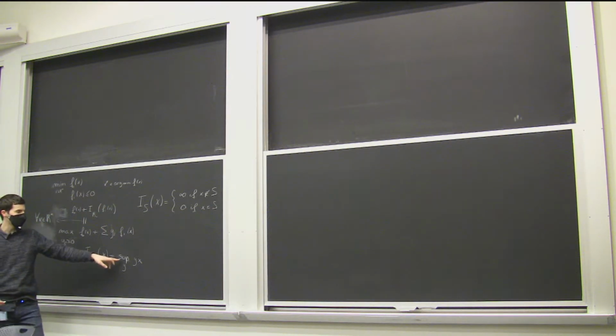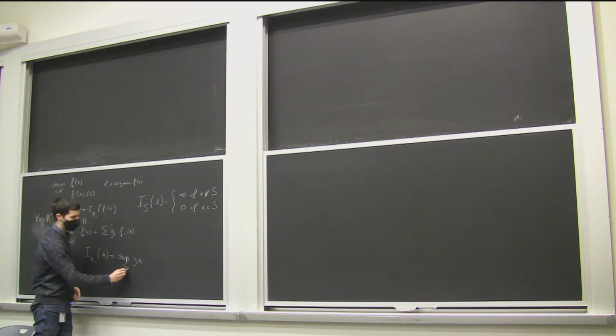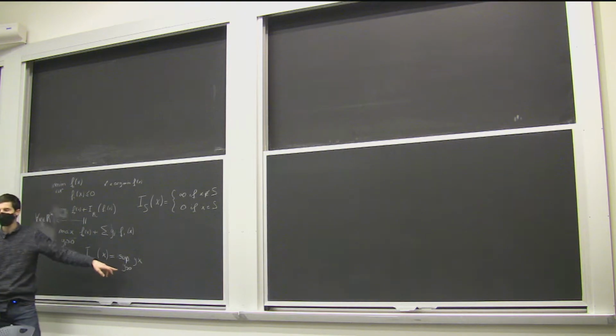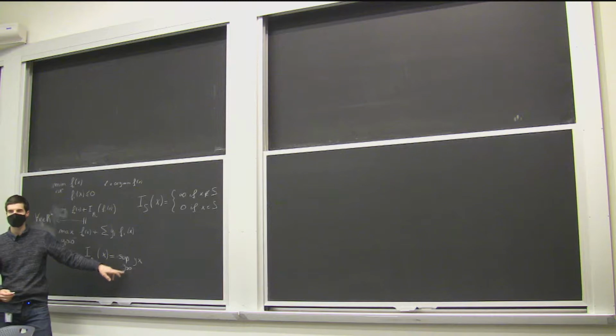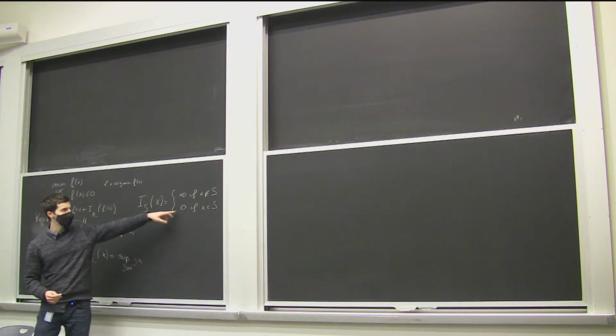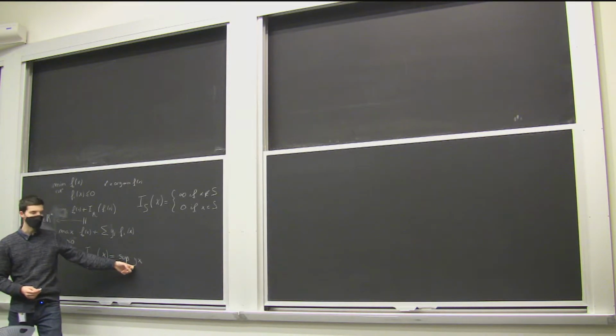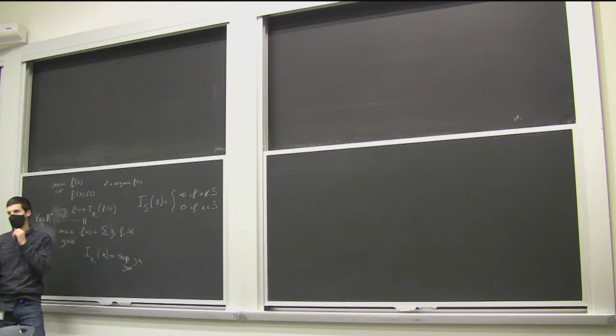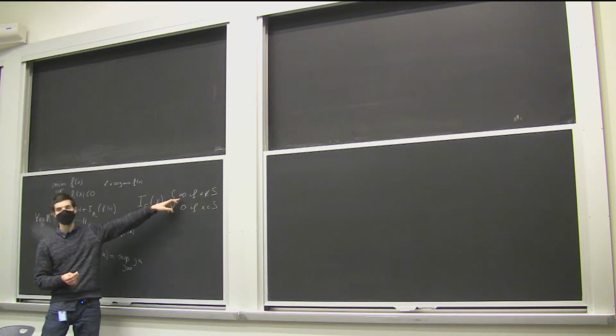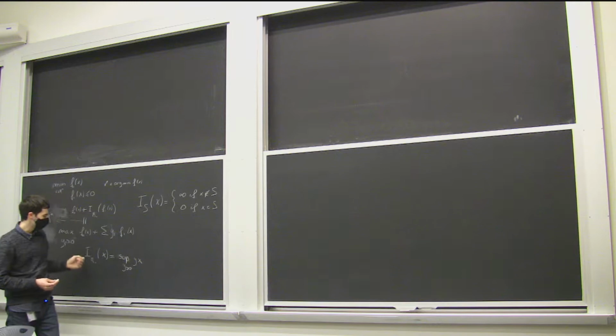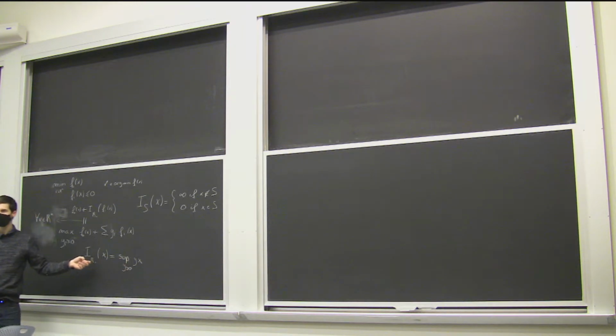Then in the supremum, because y should be positive, the maximum of this expression is obtained by taking y equals 0, and so this will be 0. So it works. And if x is positive, then by taking y arbitrarily large and positive, I can get as close as I want to infinity.